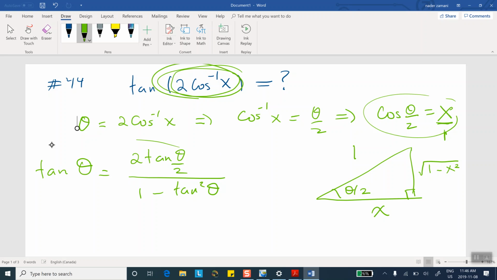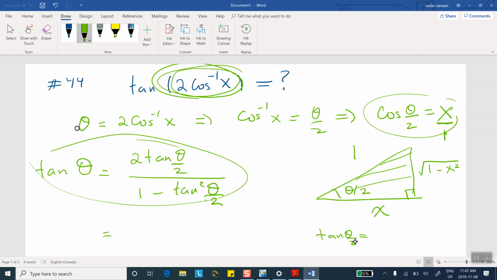This is the double angle formula in terms of tangent. So let's see now, what is the tangent of theta over 2? Just look at this triangle. Tangent of theta over 2 is opposite, the root of 1 minus x squared, divided by adjacent, which is x.